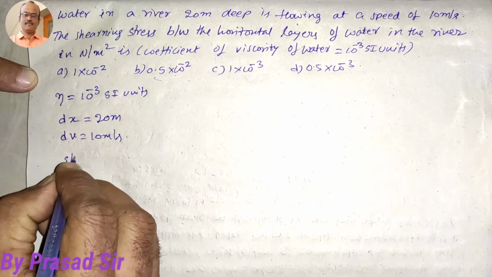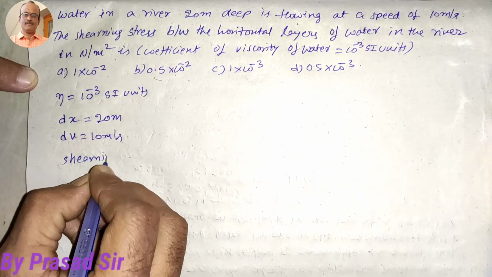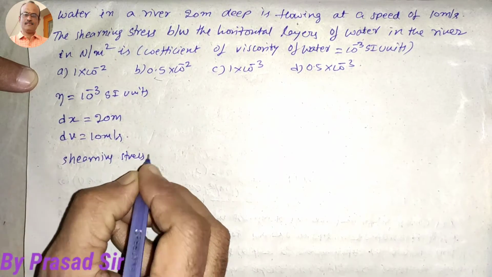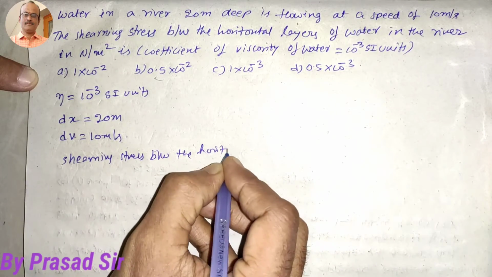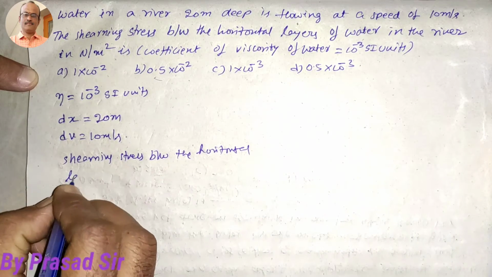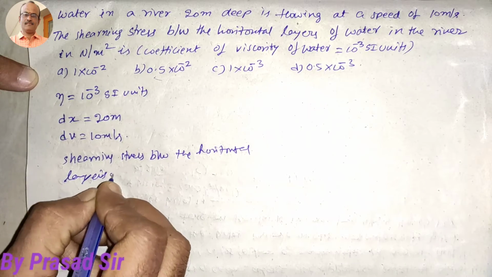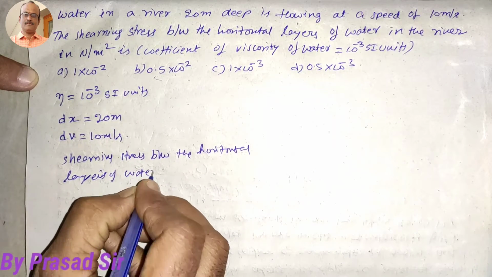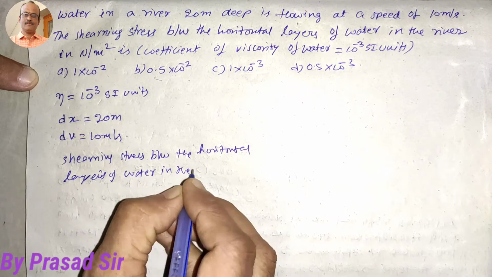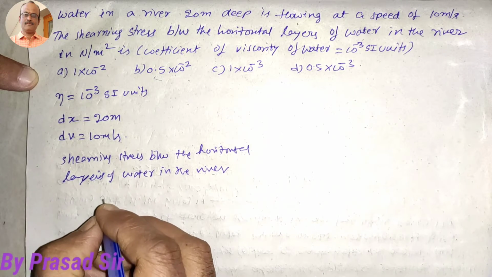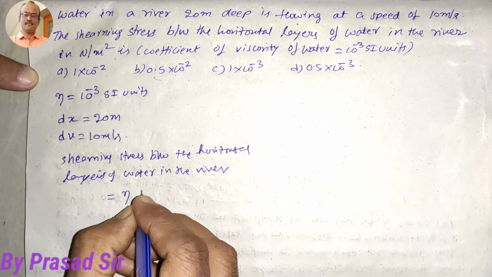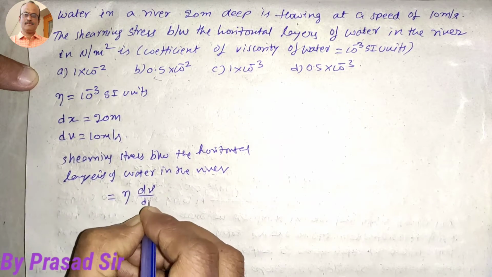So which one do we want to find here? The churning stress between the horizontal layers of water in the river. That is equal to eta into dv by dx.